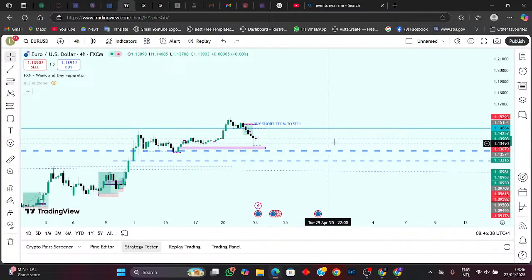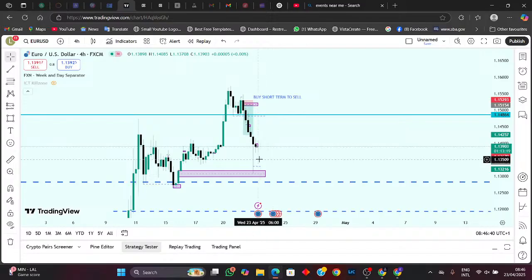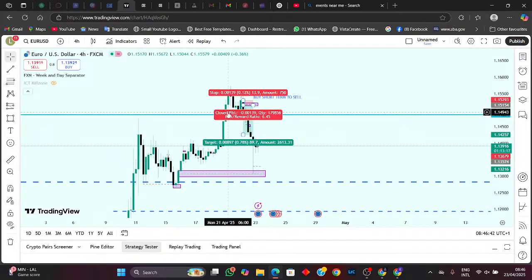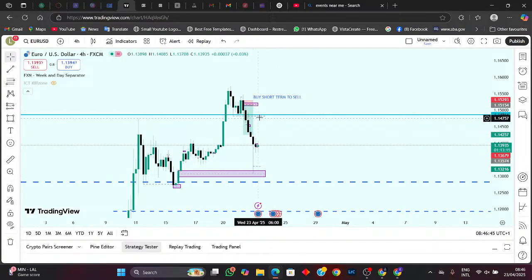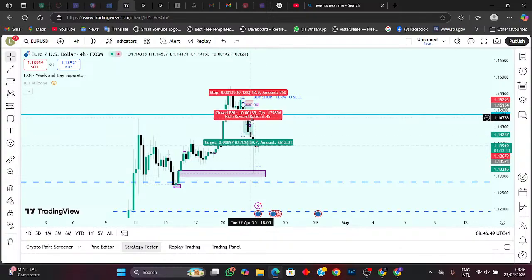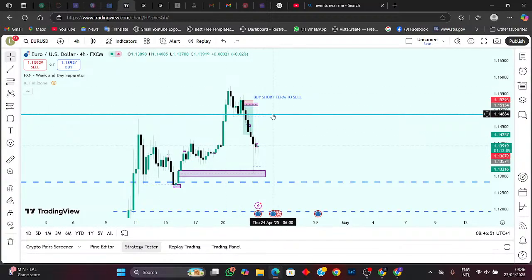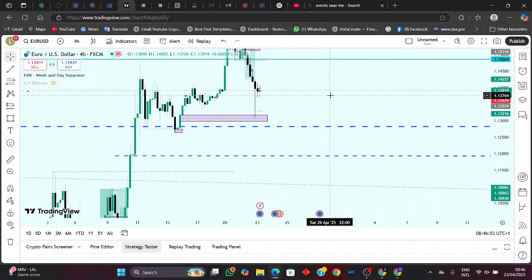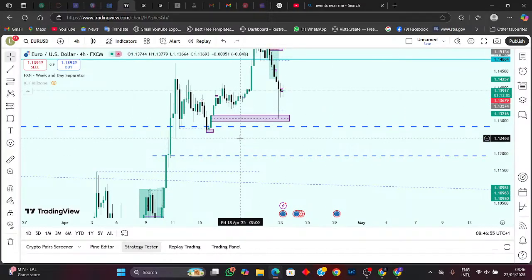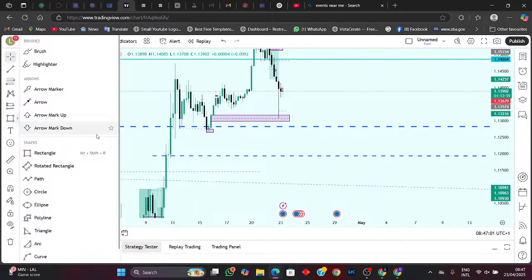It's possible the market will want to price buy back into this zone, which is obviously what I'm thinking the market is going to do. Buy into this mitigation block before we sell off right into this point, where you can also see a fair value gap. Right here, there is a fair value gap.